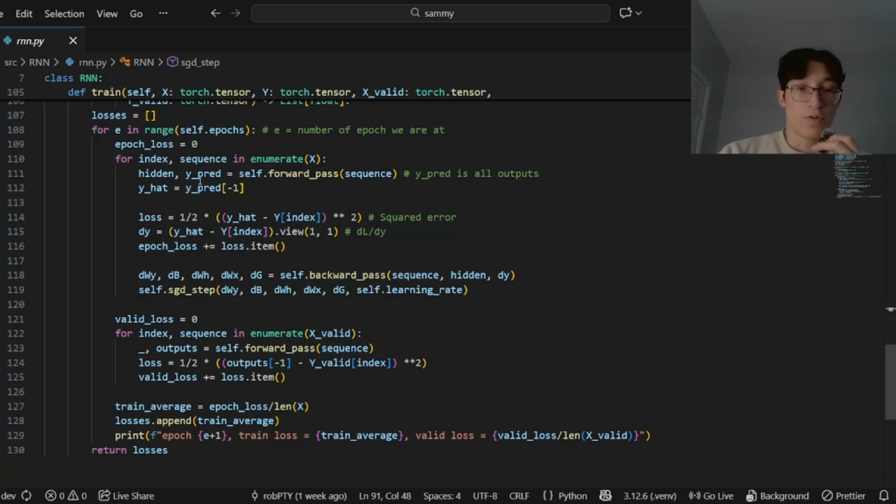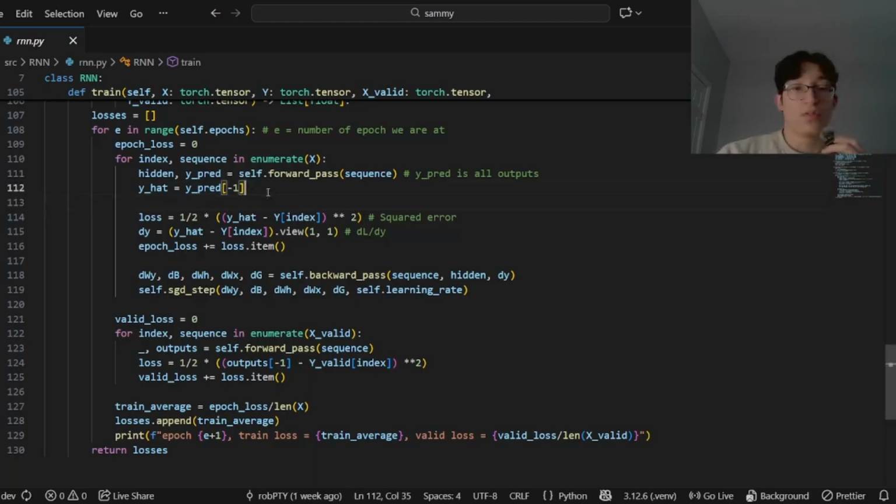So first, we'll loop through all the possible inputs, which value x consists of time sequences, right? X of 0 is going to be a sequence of size 3. And so we'll call forward pass on this. If you remember, this forward pass will return us the hidden state and it will return us the outputs.